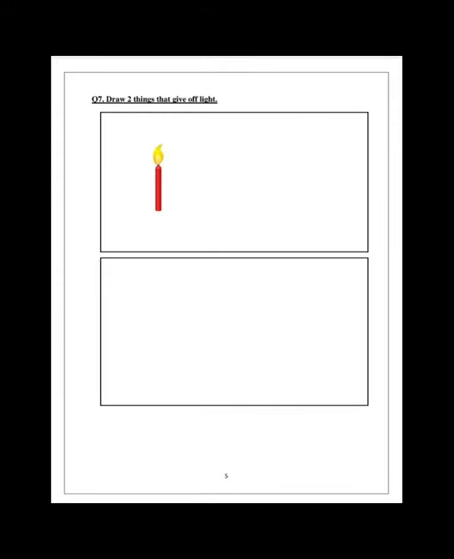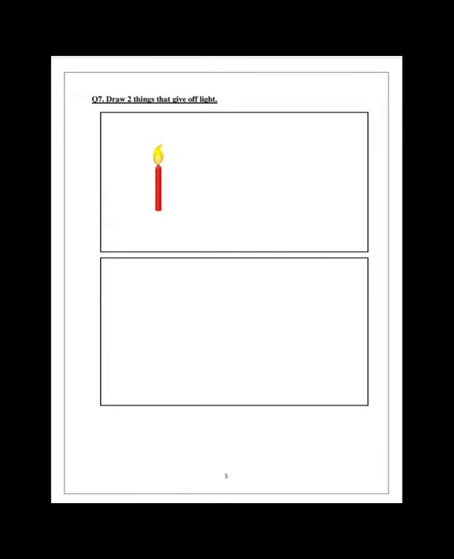So I'm giving you a few options here. First is a candle. When there's no light, what do we do? We light a candle. Yes. So a candle is something which gives off light.